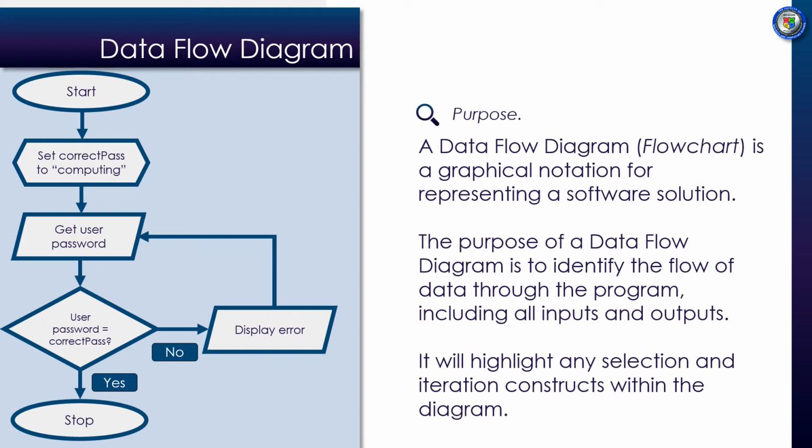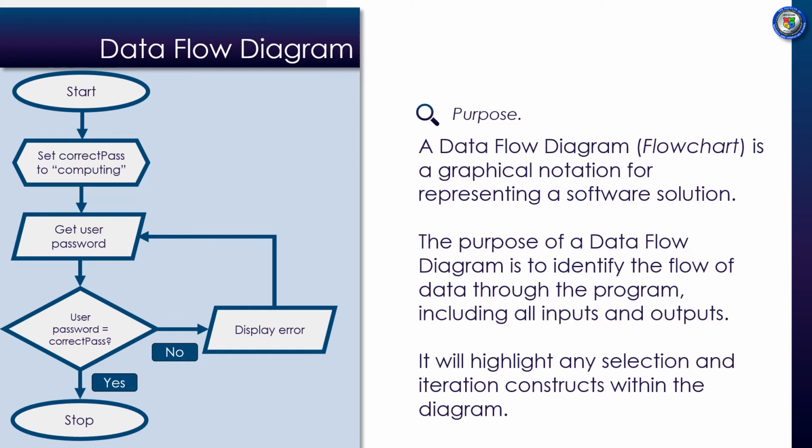We then go into a selection statement. Is the user password equal to the correct pass? Yes or no? In the case of no, we then highlight iteration. We display an error as output, and then we iterate back to the input for the user to re-enter their password.